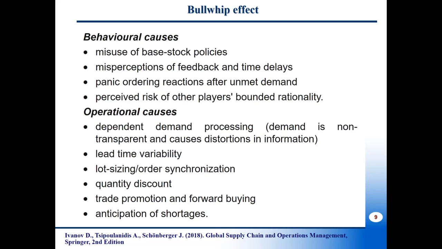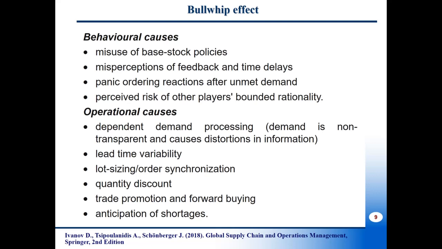Another cause is operational. For instance, dependent demand processing is non-transparent and causes distortion in information. The underlying operational causes include the distortion of information, increasing batch size to reduce setup cost, rationing of inventory, and logistics delay.